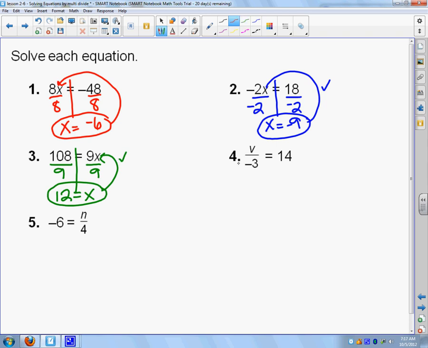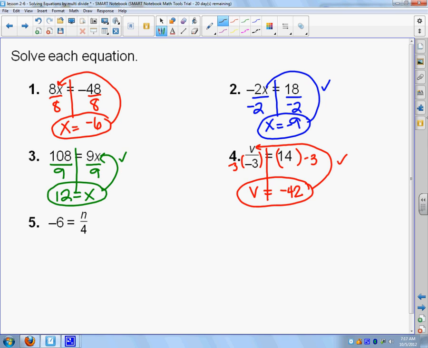Here I am going to multiply both sides by negative 3. So v equals 14 times negative 3, which is negative 42. Negative 42 divided by negative 3 would give me a positive 14.